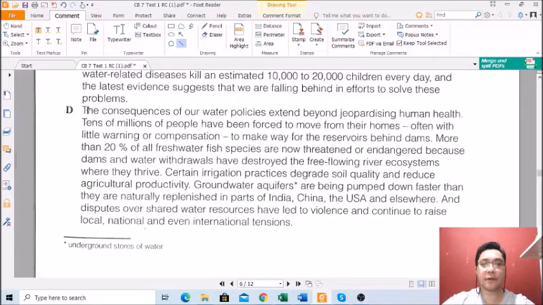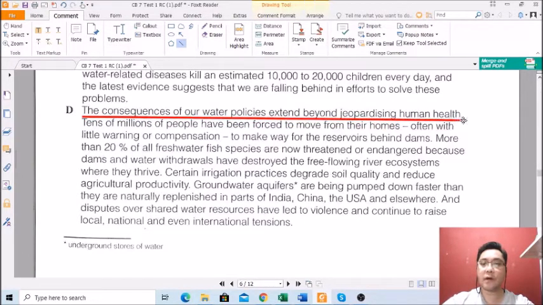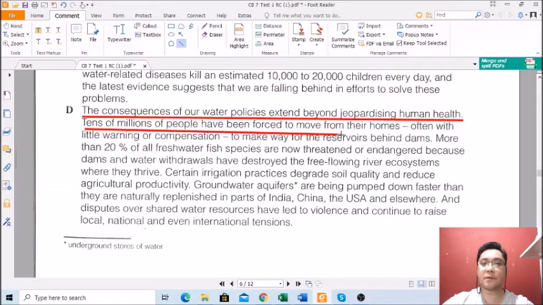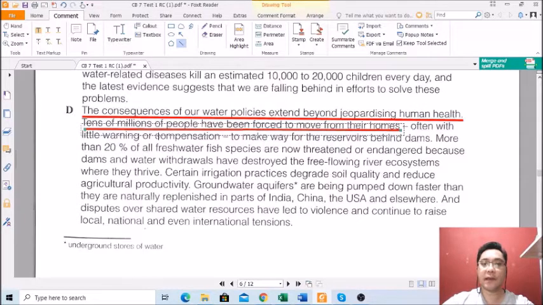It can be seen very clearly here that this paragraph is all about the effect of water policy beyond jeopardizing human health. So it talks more about what will be the impacts of the water policy that we have now. We have 10 million people who have been forced to move from their homes, and it says with little warning or compensation.